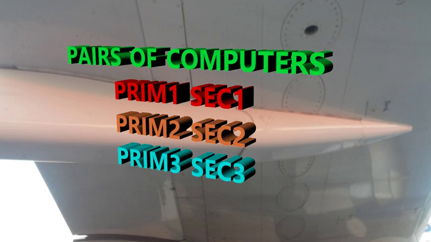Those pairings are there because they run in pairs, so in case one computer fails, there's always a second one. So just think of the nomenclature of PRIMs and SECs when it comes to being tied to the actuators, which are connected to the control surfaces.